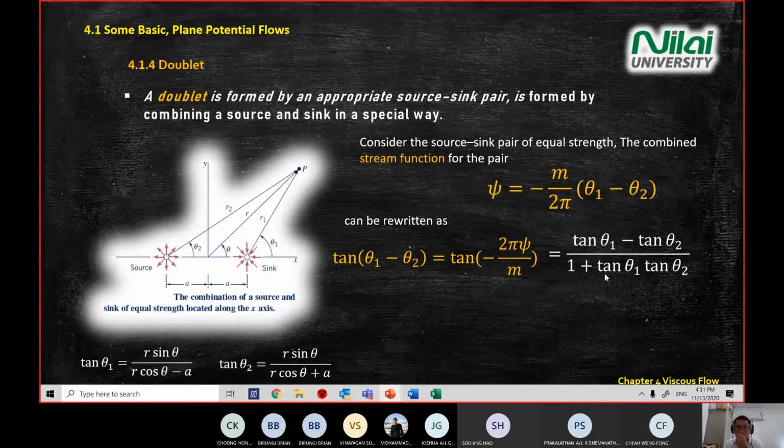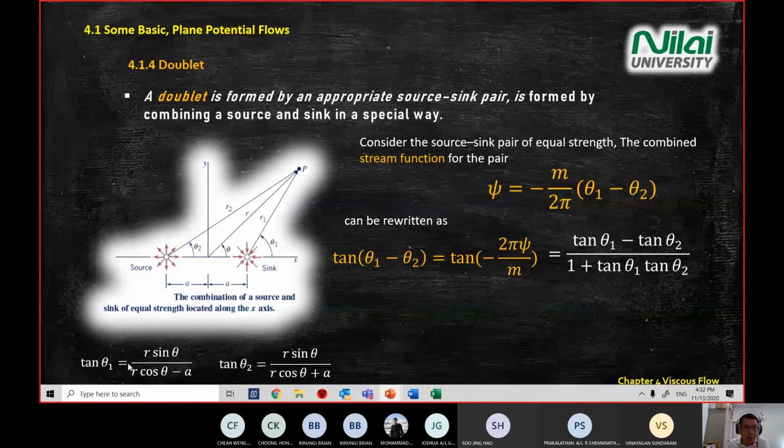And then we look at the diagram to define the tangent angle. You know that for angle 1 here, tan theta 1 equals r sine theta divided by r cos theta minus a. This is also under calculus, the advanced trigonometry chapter, because you're using the dimension in front of the angle. Just copy these two equations.